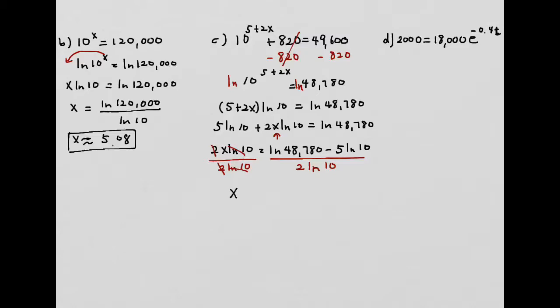Then you have only x on the left side, and the numerator will be ln 48,780 minus 5 times ln 10, over 2 ln 10. And this, you will get somewhere close to negative 0.156.